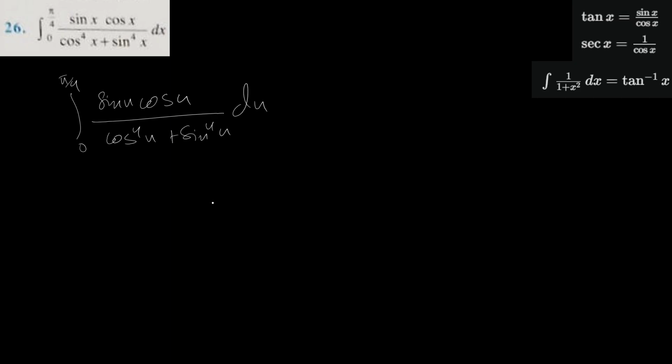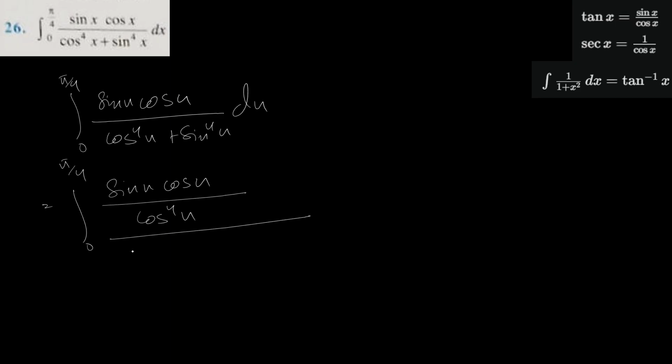So this is the next question. This is the integration from 0 to pi by 4 of sin x cos x by cos x to the power 4 plus sin x to the power 4 dx. Here, from 0 to pi by 4, I will divide both the numerator and the denominator by cos x to the power 4.